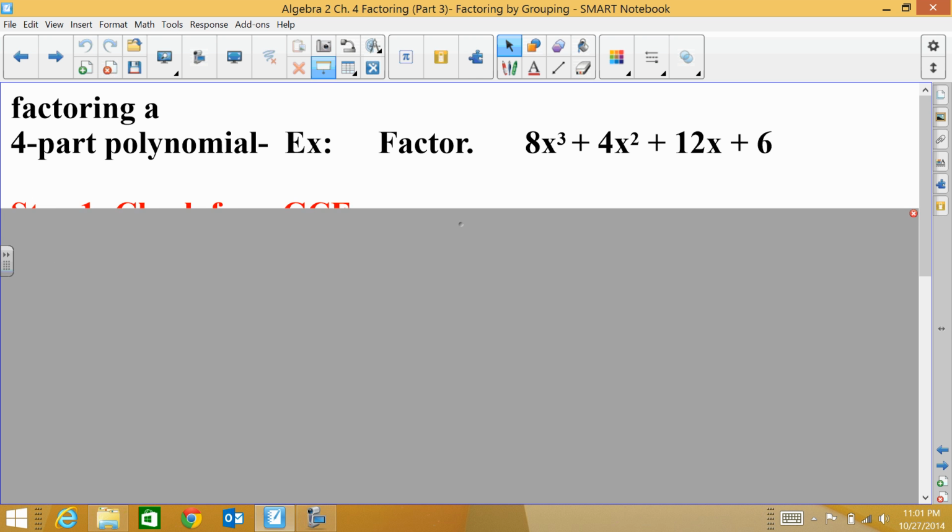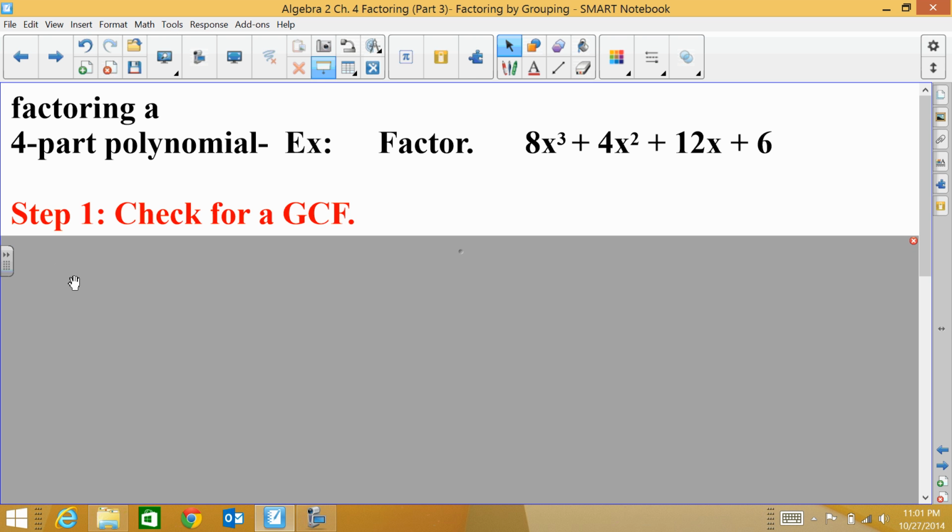So the first step that you're always going to take is you're always going to check for a greatest common factor. So if we look at the example that we have, 8x cubed plus 4x squared plus 12x plus 6, what would be the greatest common factor of this polynomial? Well, all of these numbers can be divided by 2.